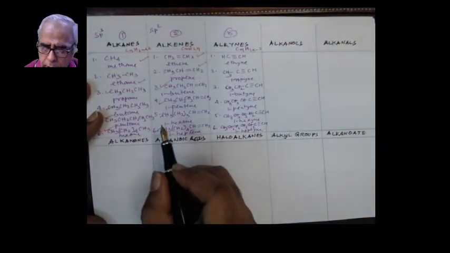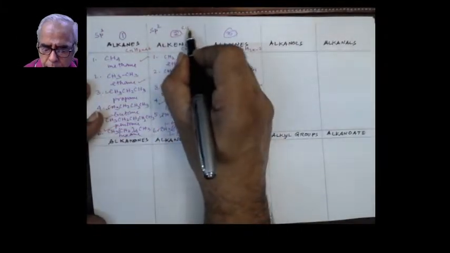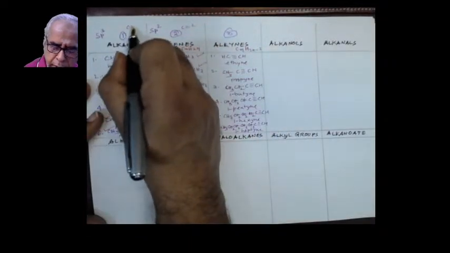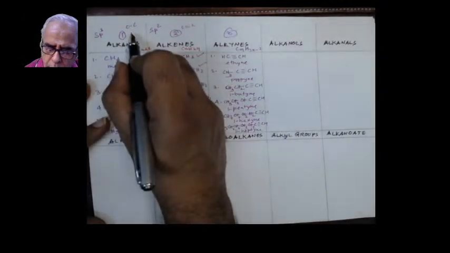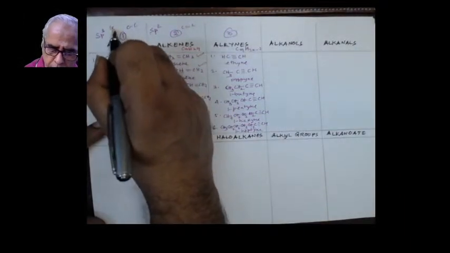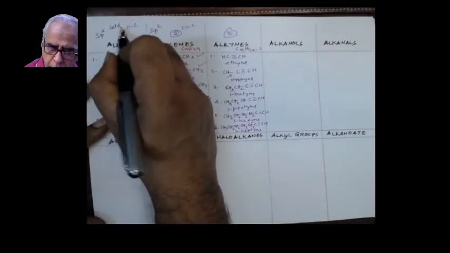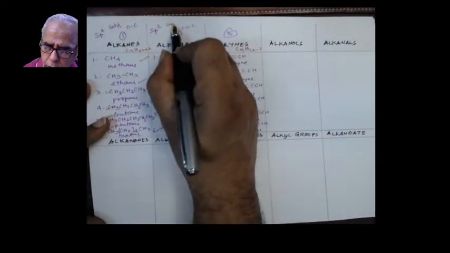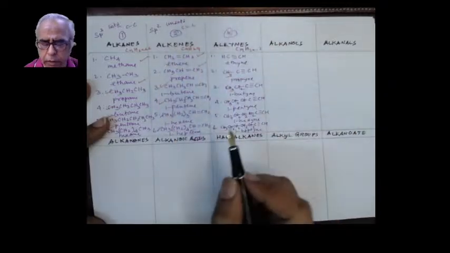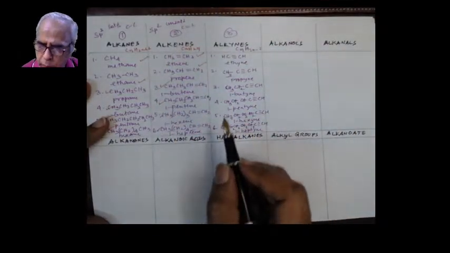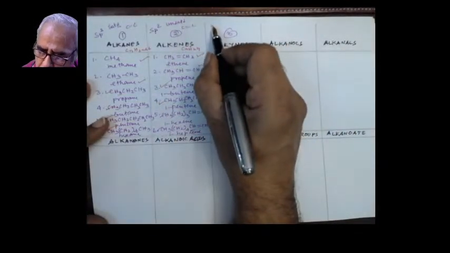Okay, they have a C=C double bond. Alkanes have only C-C single bonds, and they are called saturated. Whereas alkenes are unsaturated. They possess a double bond. And alkynes are also unsaturated.